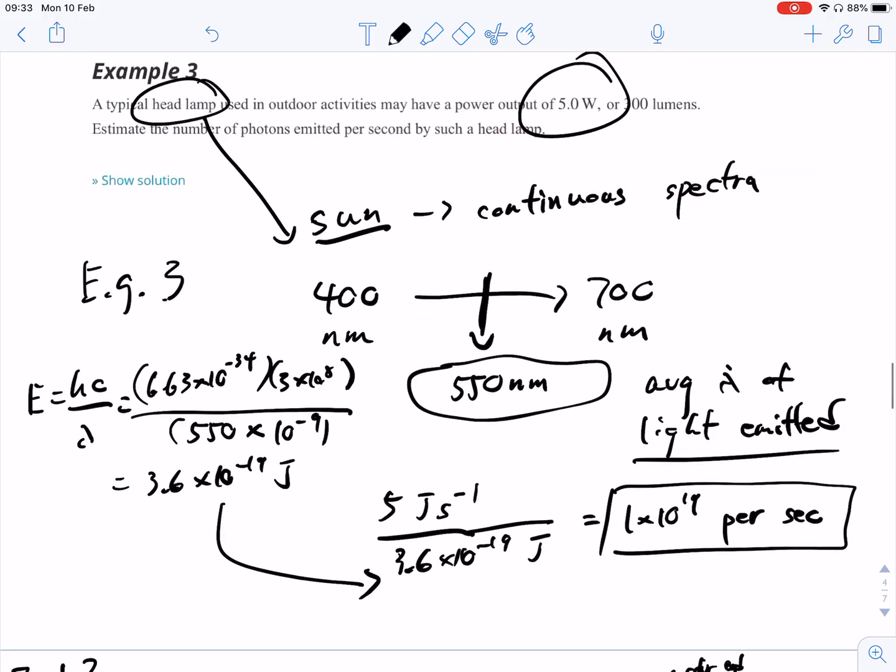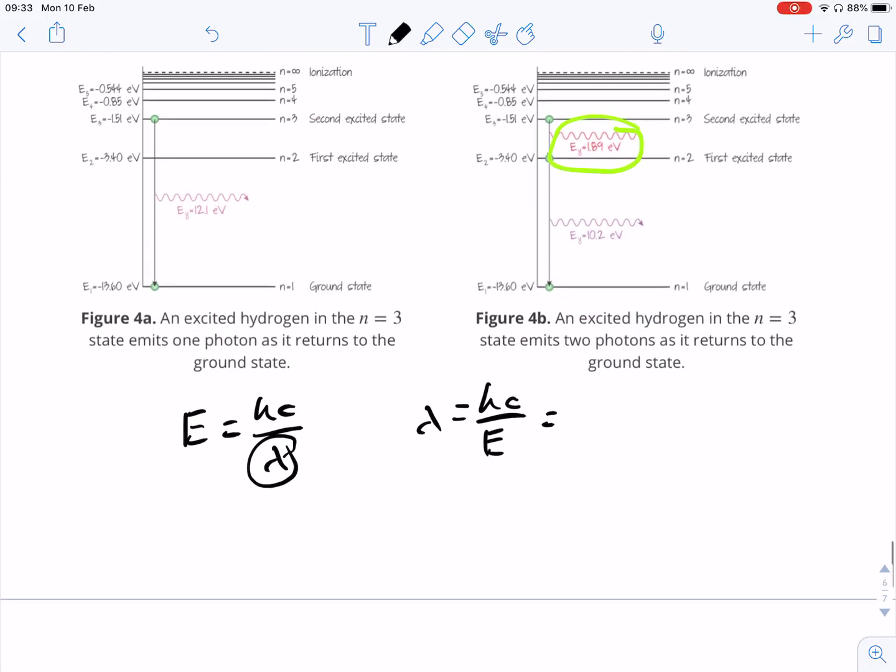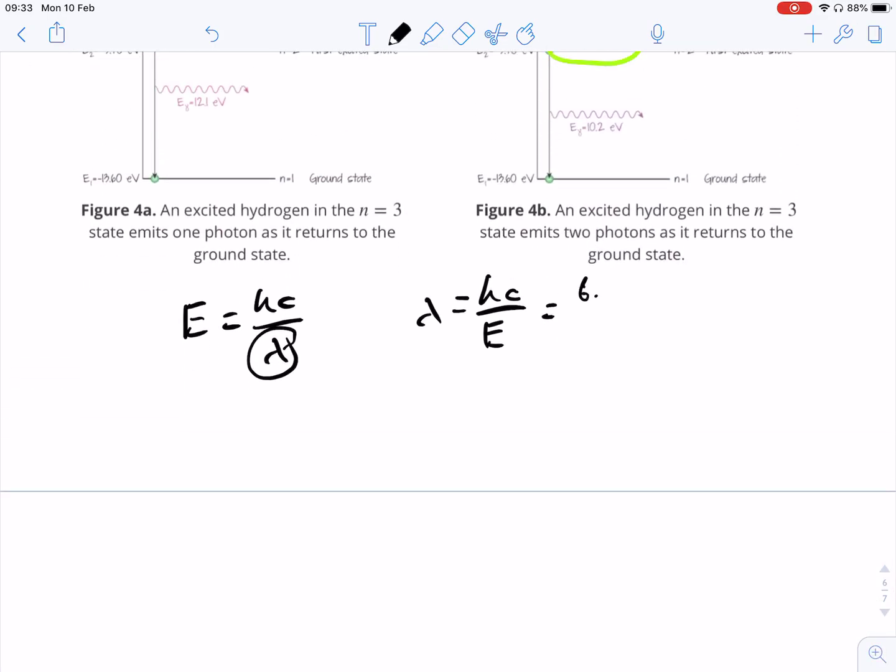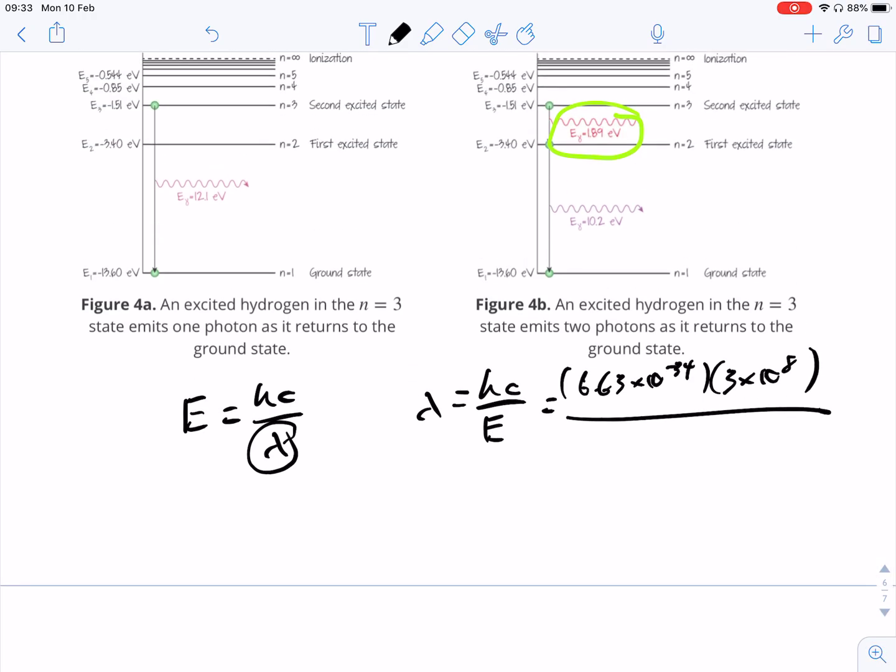And I'm getting a little bit lazy here, so 6.63 times 10 to the power of negative 34, that's Planck's constant. Speed of light, 3 times 10 to the power of positive 8. And then our energy, which we'll have to convert back into joules.